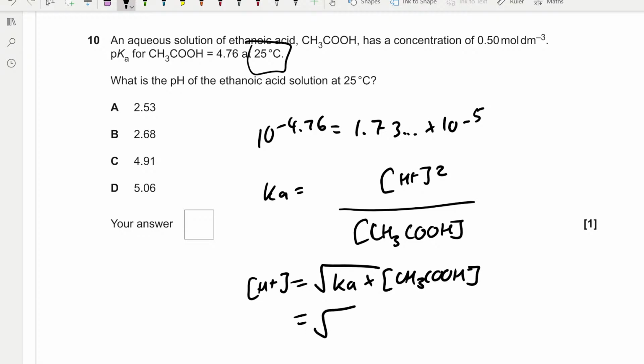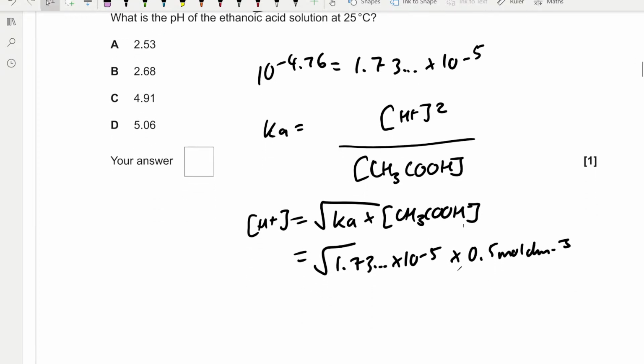So it's the square root of 1.73 times 10 to the minus 5 times our concentration of CH3COOH, which was 0.5 mole per dm cubed. Which, if we put that into the calculator, gives us H plus concentration at 2.94 times 10 to the minus 3.